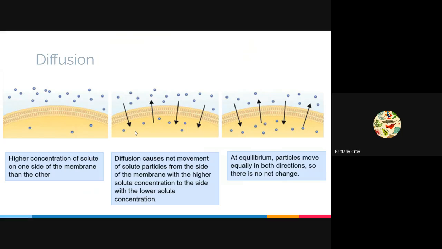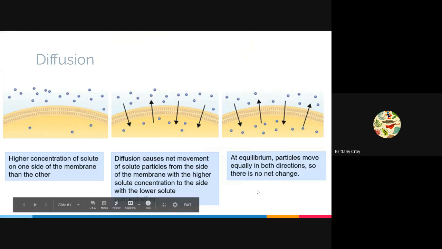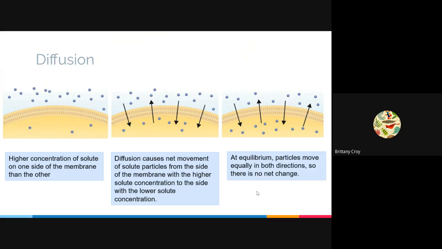These particles are naturally going to move in and out of the cell membrane. Notice that they are going in both directions, but over time, it's going to reach equilibrium, which means there's an equal amount of particles outside and inside of the cell. They will still tend to move back and forth, but they'll continue to balance themselves out. So this is a drawing of what happened when we sprayed the air freshener or mixed the food coloring with the water.